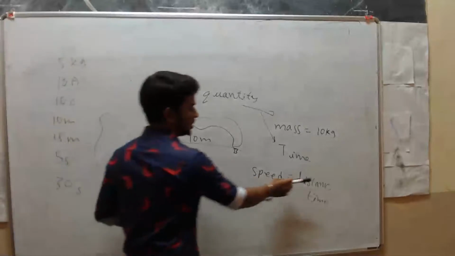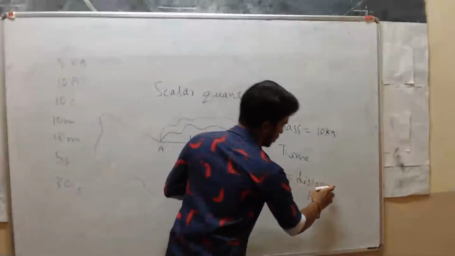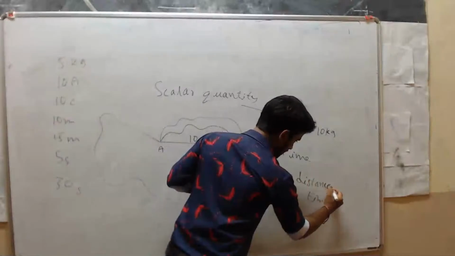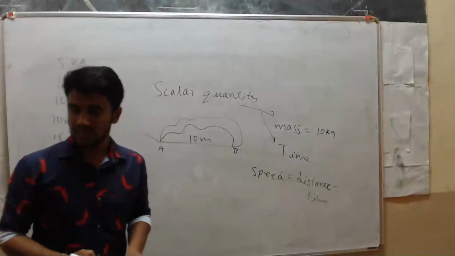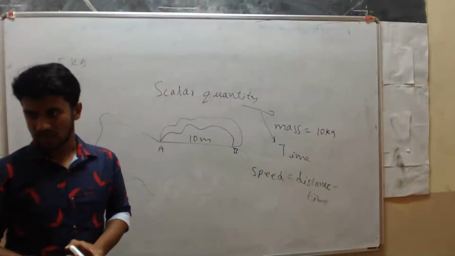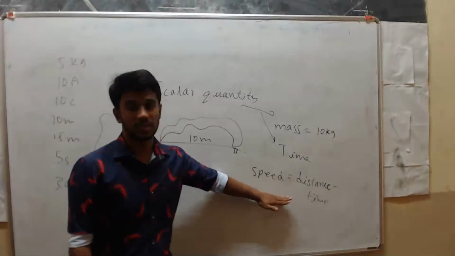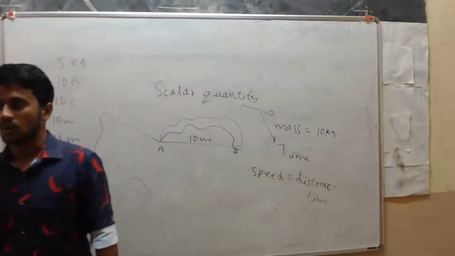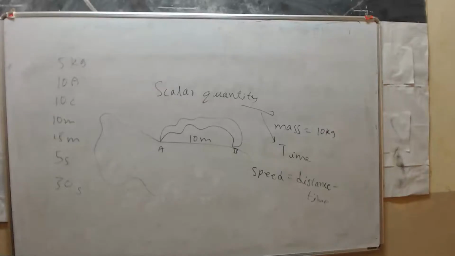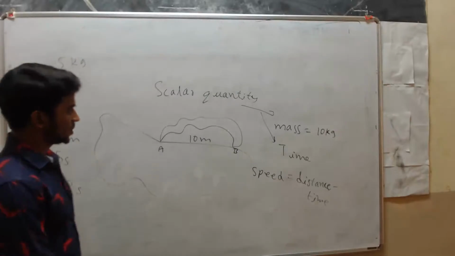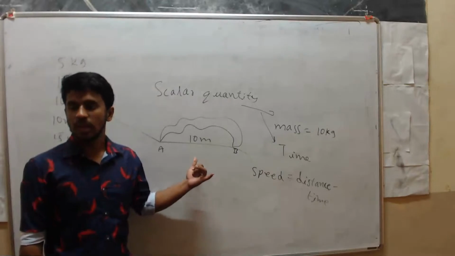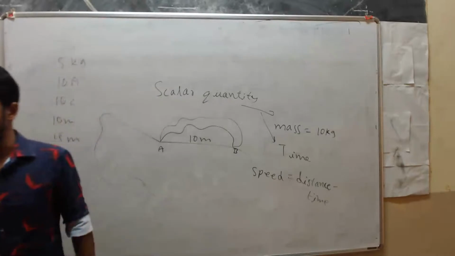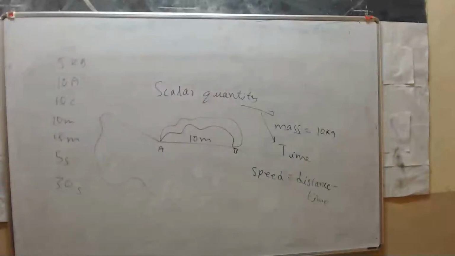Speed equals distance by time. Distance is a scalar quantity, and time is a scalar quantity. So both are scalar quantities, and that's why speed is also a scalar quantity. So clear, right? What is scalar quantity? Scalar quantity has only magnitude and no direction. Okay.